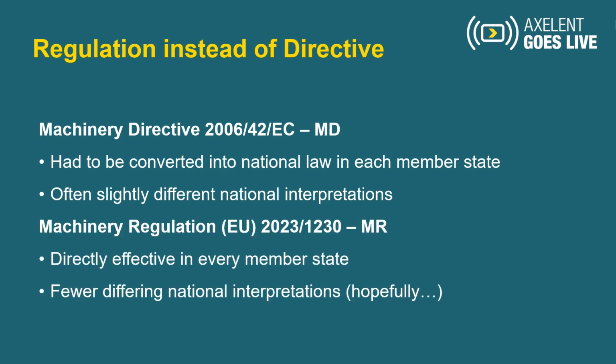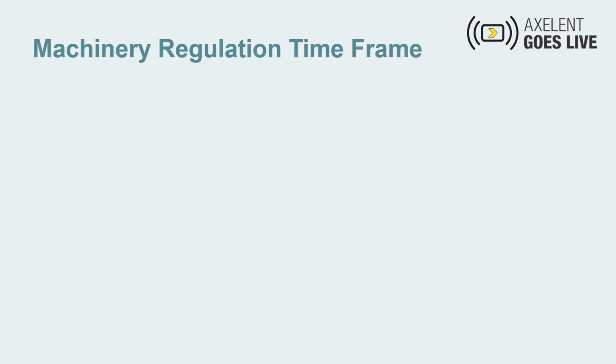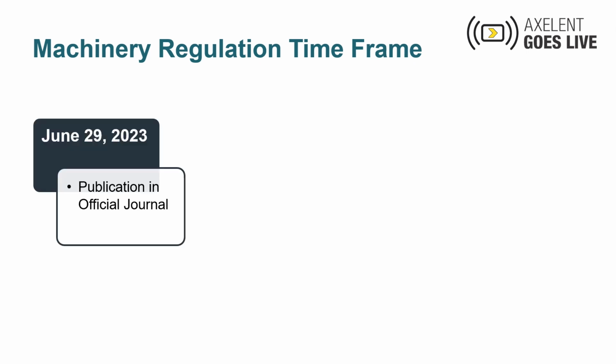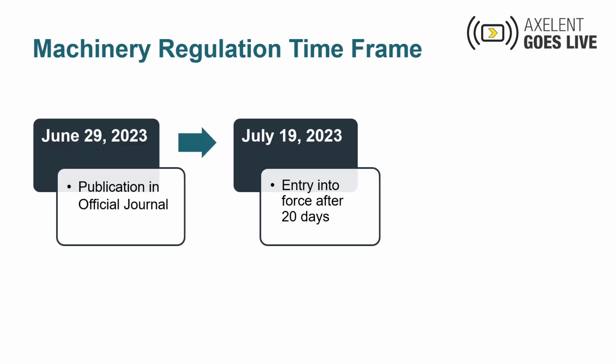A regulation, however, applies directly in each member state. It is hoped that this will result in fewer conflicting national interpretations. The machinery regulation was published in June this year and has entered into force on July 19.